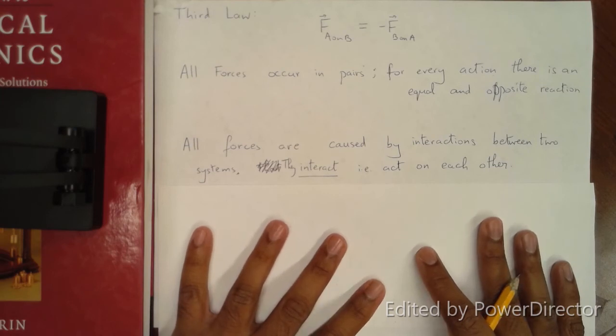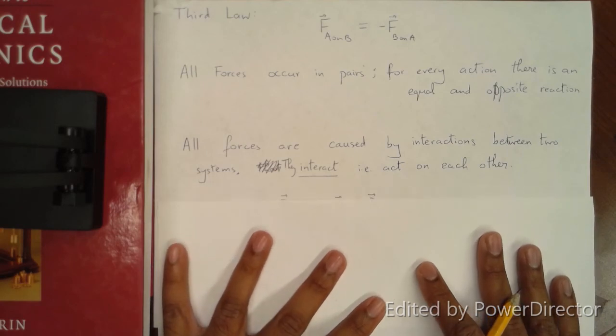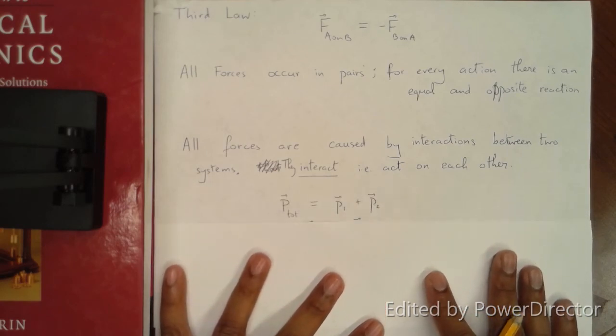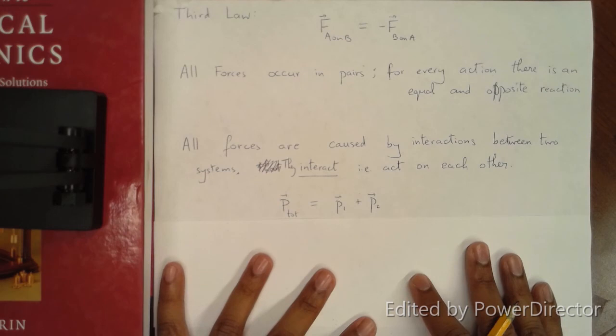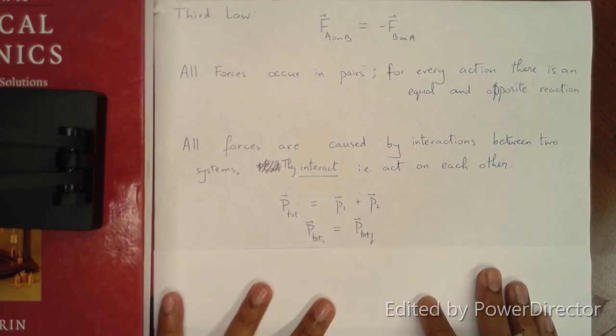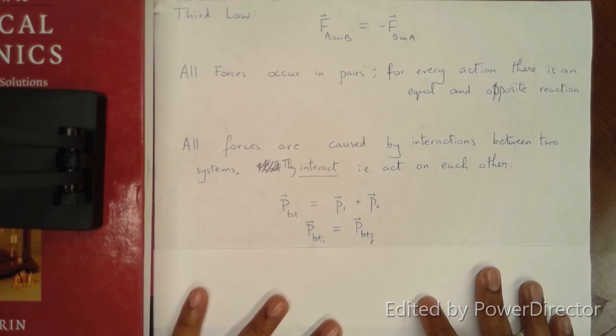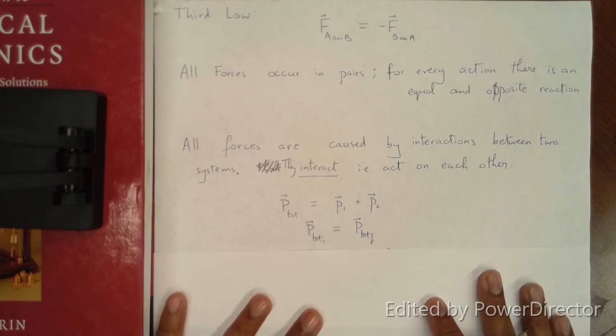Consider a system which is made up of two objects, 1 and 2. So the total momentum, and momentum is also a vector, is the sum of the individual momentum vectors, p1 plus p2. If the system is isolated, then the initial momentum is equal to the final momentum.